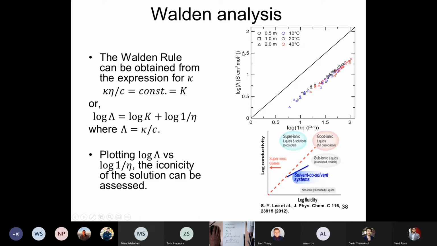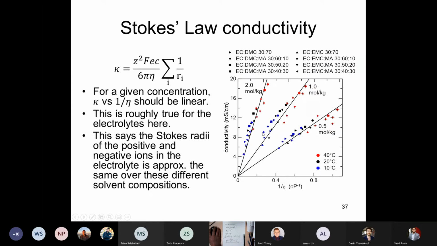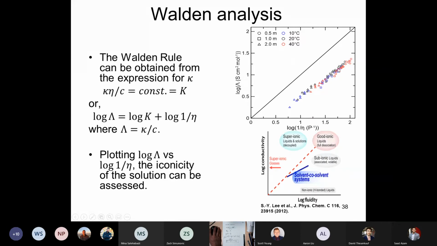And you plot the log of the molar conductivity versus the log of 1 over the viscosity. So Eric's plotted this for the data shown on the previous slide. And all those curves for the different molality end up on one straight line behavior, okay?